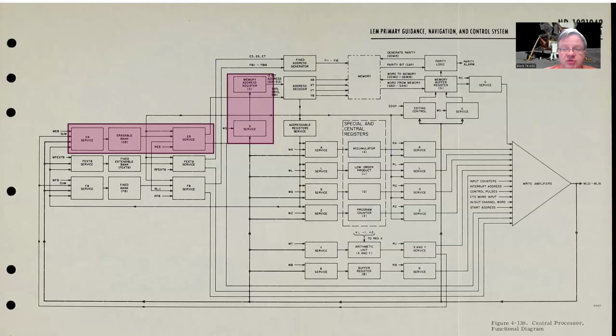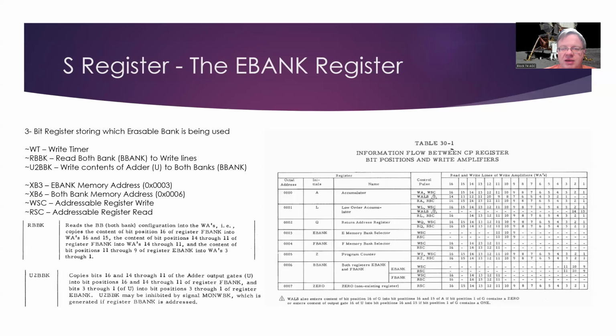In fact, it was originally part of the Block 1, used a little bit differently, but it does allow you to extend the instruction set, and it's important with how instructions are ultimately encoded in the guidance computer. We'll talk a lot more about that when we start covering the SQ or sequence register for instruction decoding. Anyway, the EBANK register or the erasable bank.